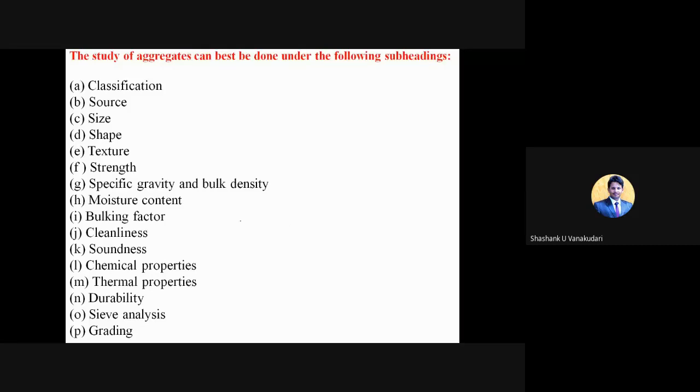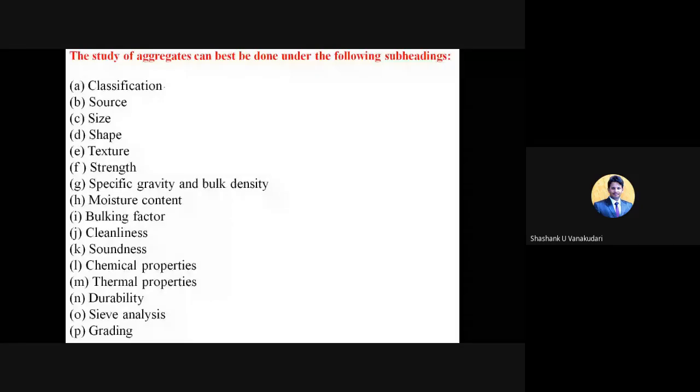Means you can consider various properties here with respect to the classification, the source of availability, and then size, shape, texture, strength of the material, specific gravity as well as the bulk density, and even moisture content, right?